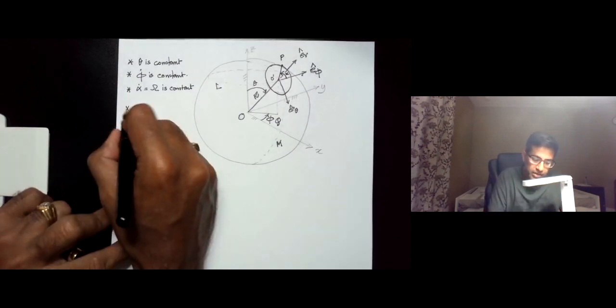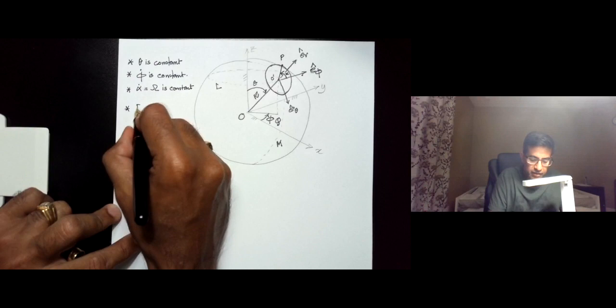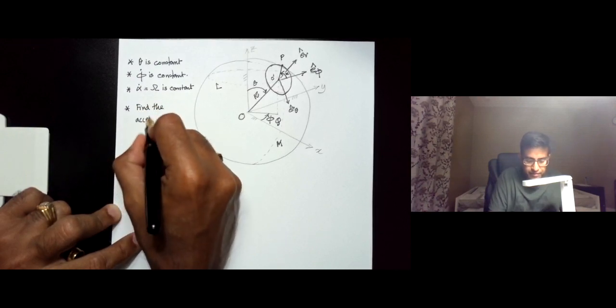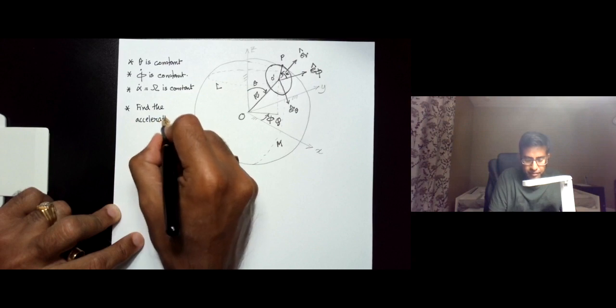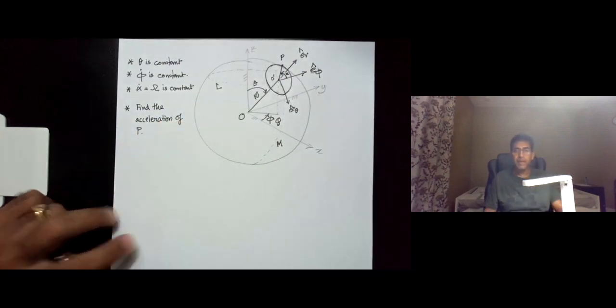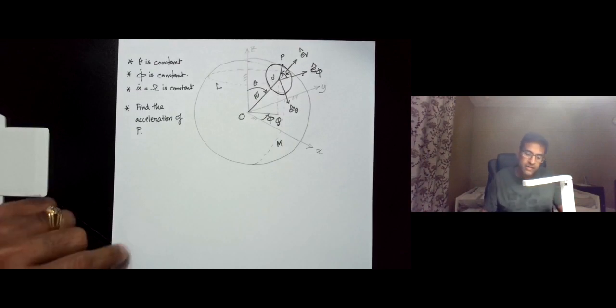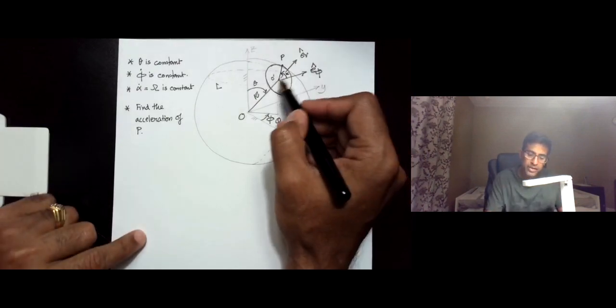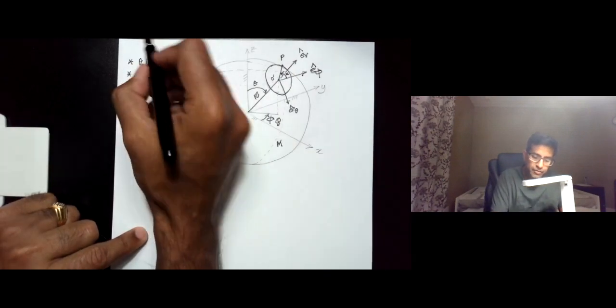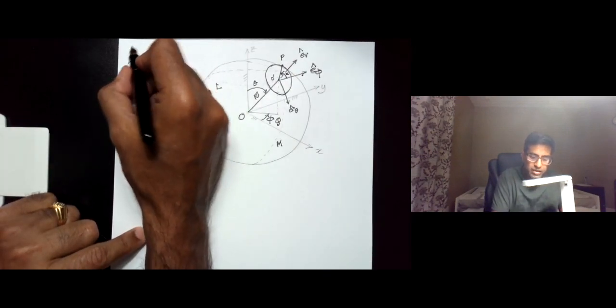And the question that we ask is, find the acceleration of P at an arbitrary instant where P is making an angle alpha. And so let me just put the title here.